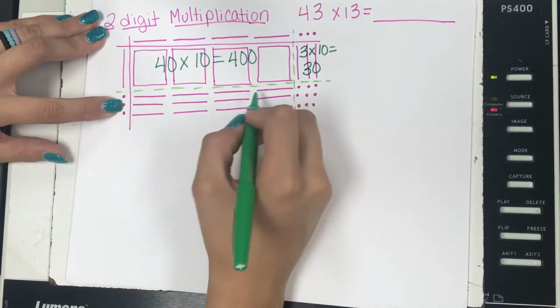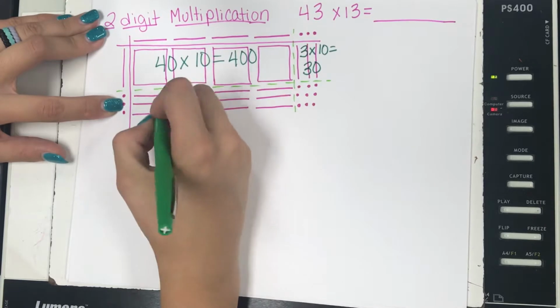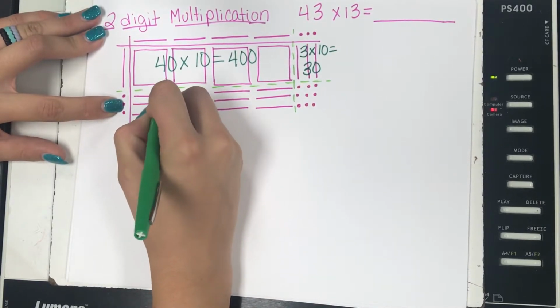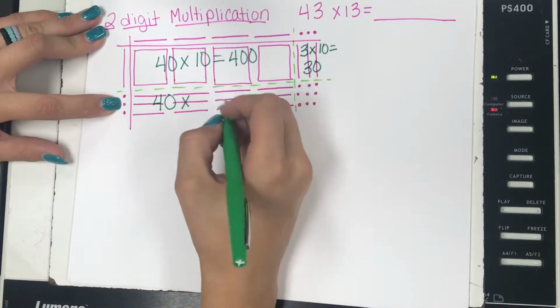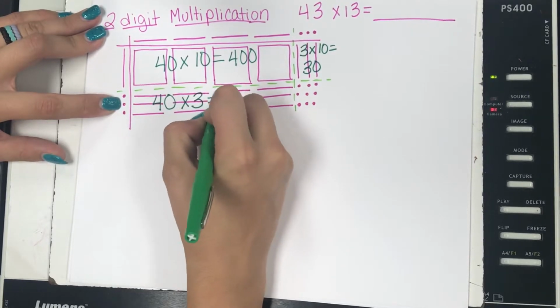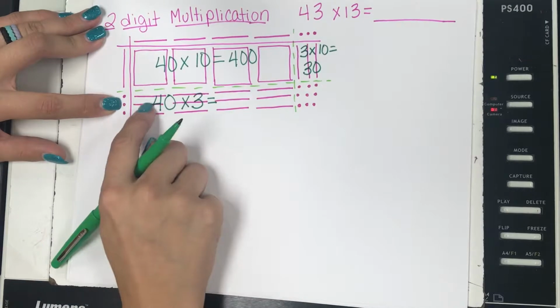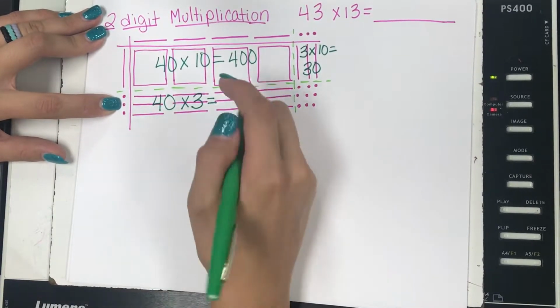How many were along the top in the next piece? 4 tens, which is 40 times how many down the side? 3. Now, 10, 20, 30, 40, 50, 60, 70, 80, 90, 100, 110, 120.